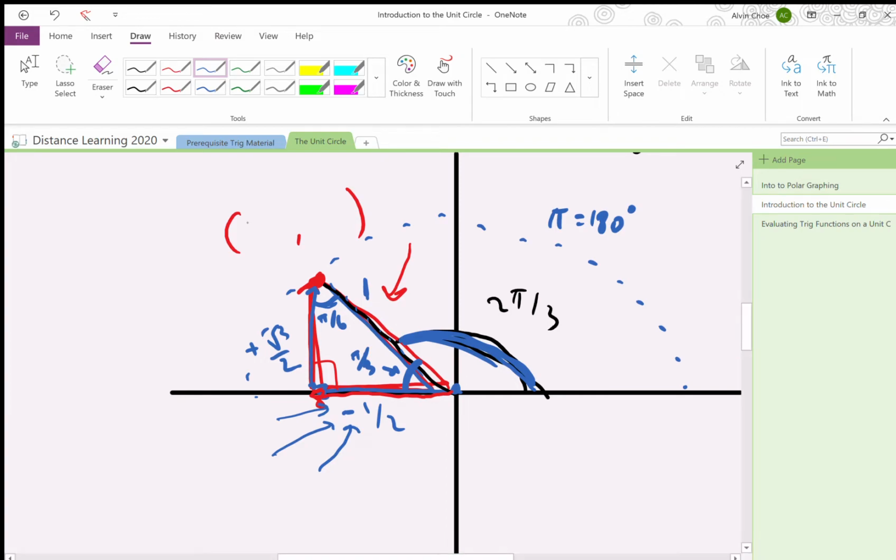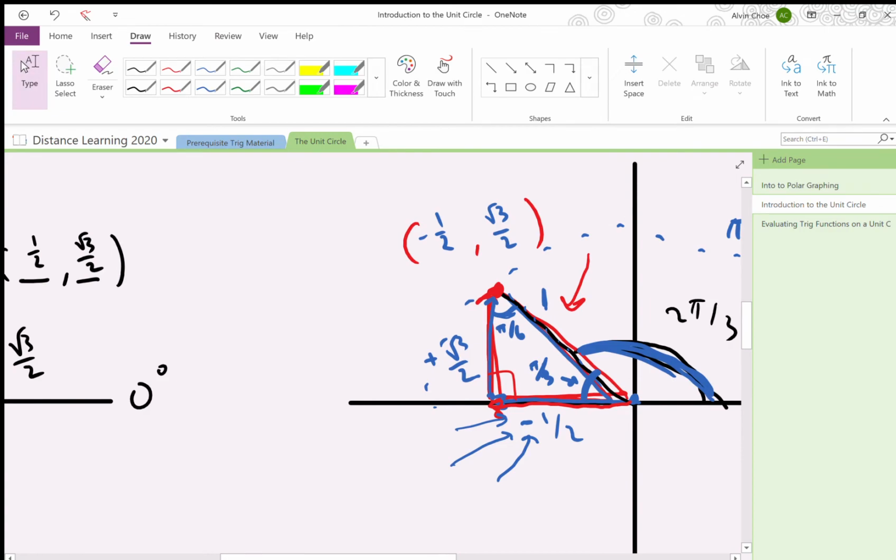So that means our x-coordinate is negative 1/2, while our y-coordinate is root 3 over 2. What this means is, if I ask you to find sine of 2 pi over 3, we created this triangle to find this y-coordinate, which makes it root 3 over 2. Because sine is the opposite side, it's the vertical length.